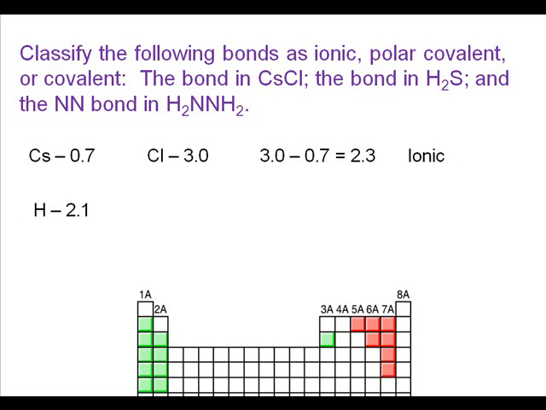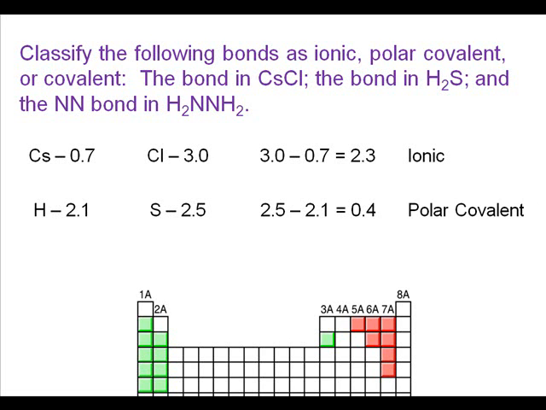Now what about H2S, hydrogen sulfide? Hydrogen is at 2.1, sulfur is 2.5. So the difference is 0.4. That bond is going to be polar covalent. Now again and again I will say to you that a difference of 0.4 applies only to the bond between one hydrogen and one sulfur.